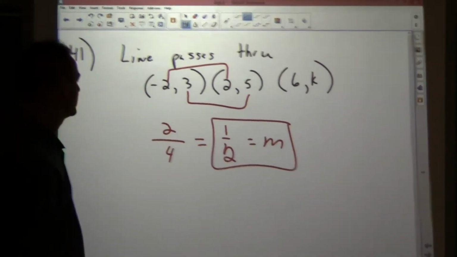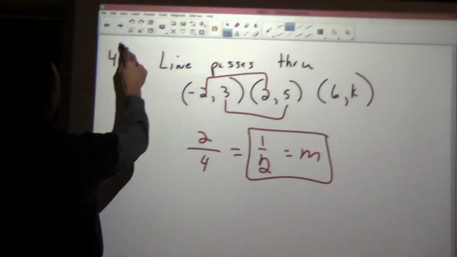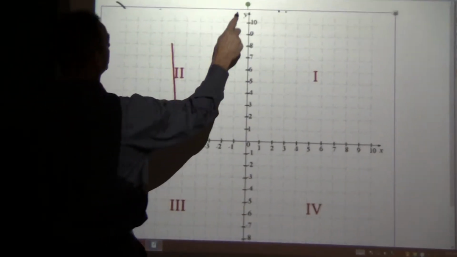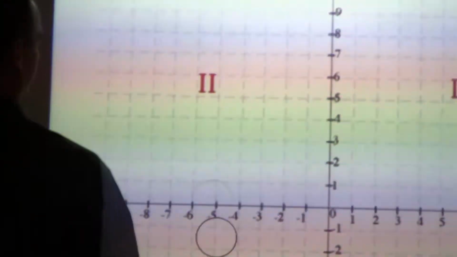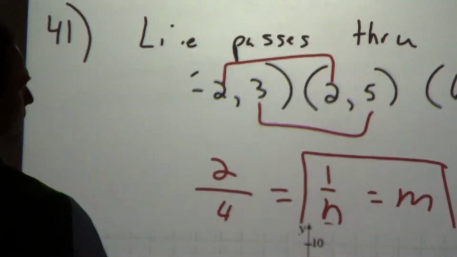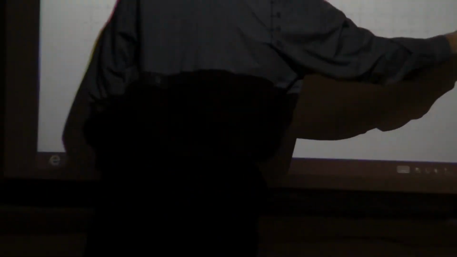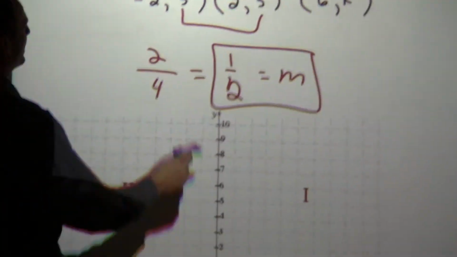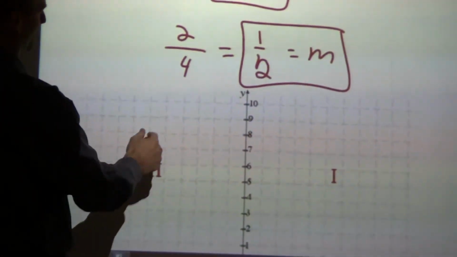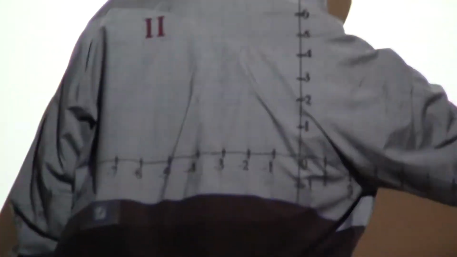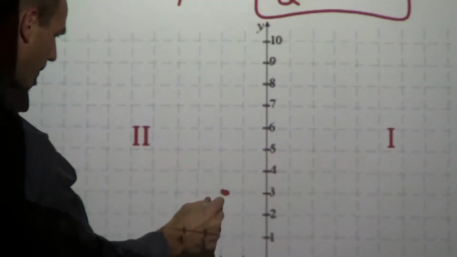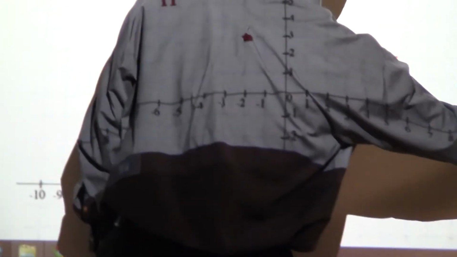Two ways to look at this. We could put this on a graph again. We could graph my 2 points, negative 2, 3 and the other point, 2, 5.